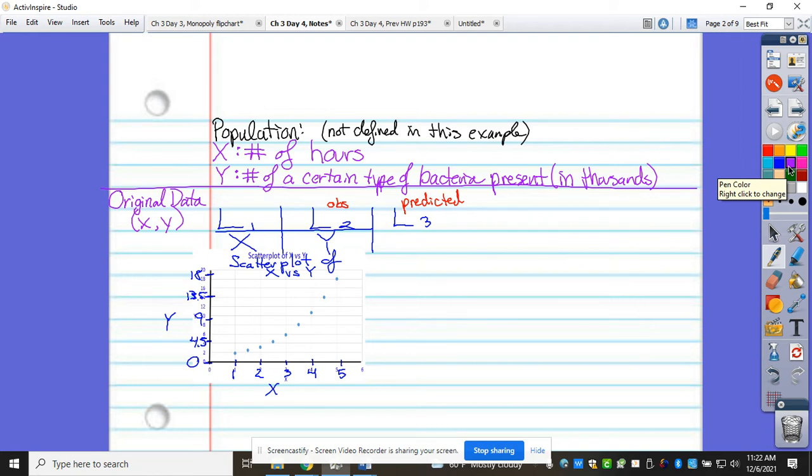So I am saying this whole section is going to go with this equation. So my equation is y hat equals what? Negative 4.2744 plus what? 3.9433x. So I'm saying this equation is going with all of this.